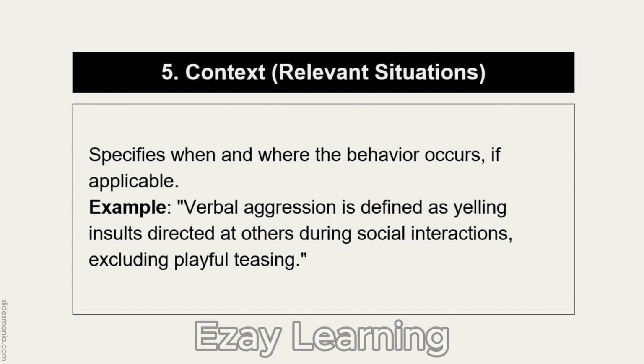For example, verbal aggression is defined as yelling insults directed at others during social interactions, excluding playful teasing. So you have given the relevant situation as well, that is the social interactions. You have to include these multiple components in your operational definition of behavior.